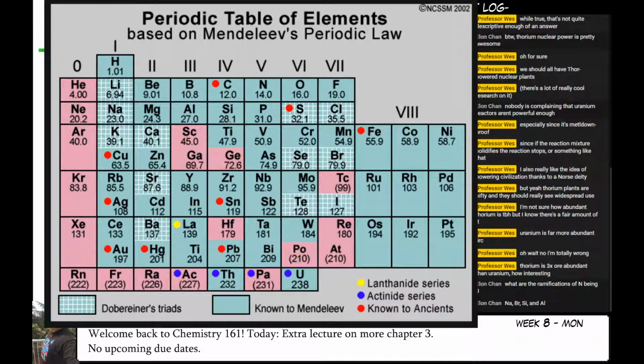But what he was doing was he was compressing it into columns based on trends that he observed. And these would be things like, oh, all of the elements that are in group 1 are reactive with water. All the elements in group 7 are reactive with metal. All the elements in group 2 are slightly reactive, and so on and so forth.